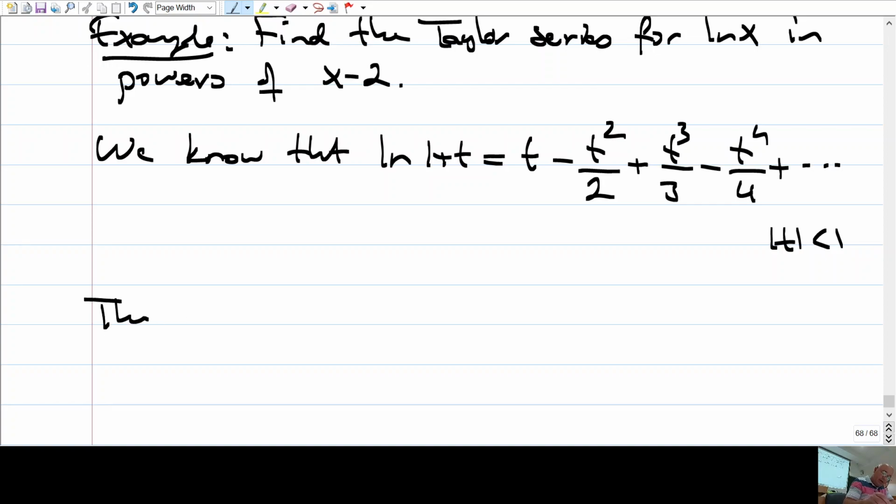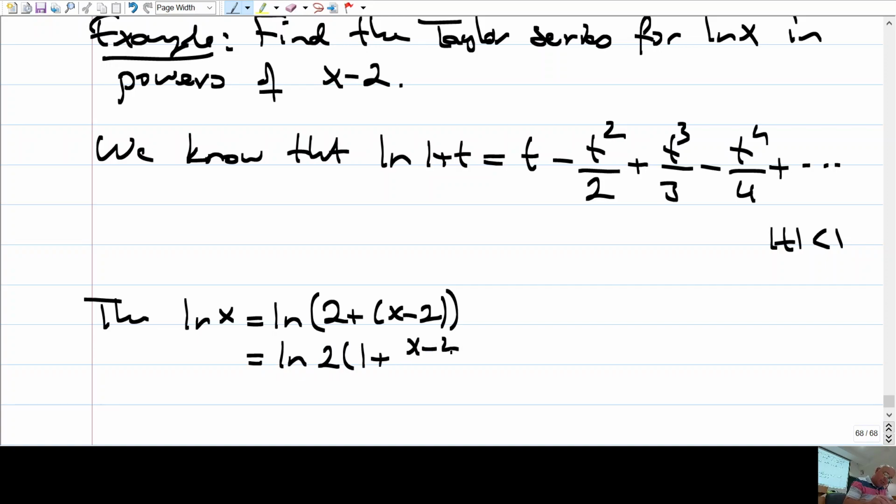Then ln x. I want to write ln x, right? I can write it this way. This is 2 plus x minus 2. This is ln of 2 times 1 plus x minus 2 over 2.